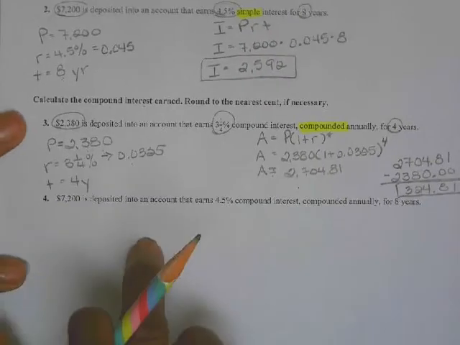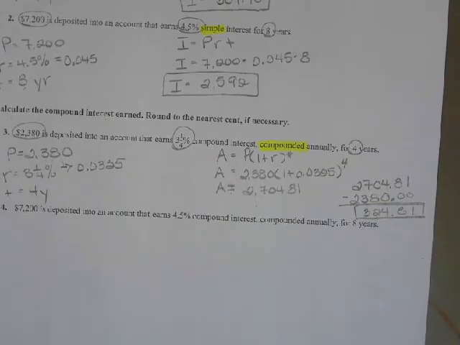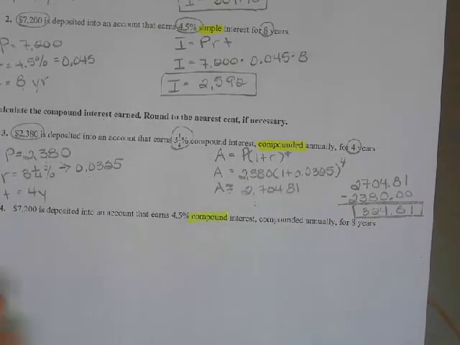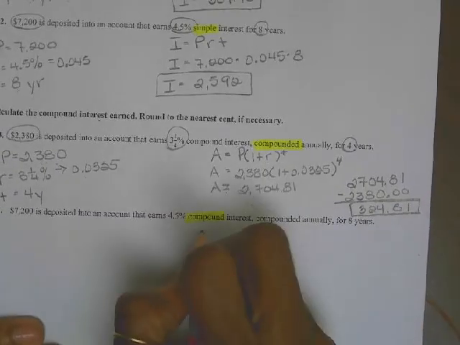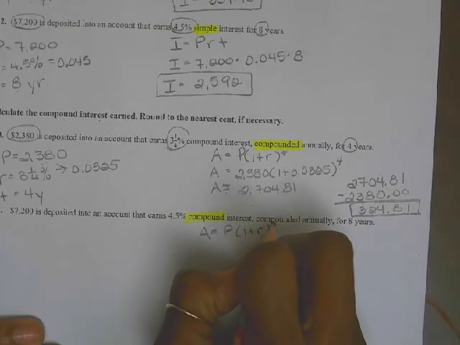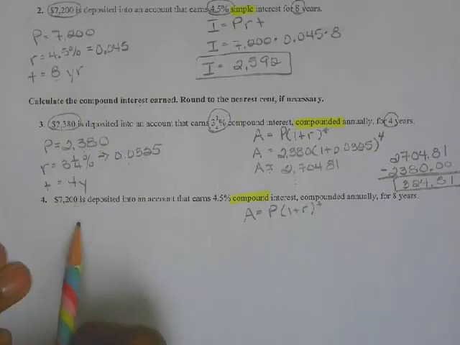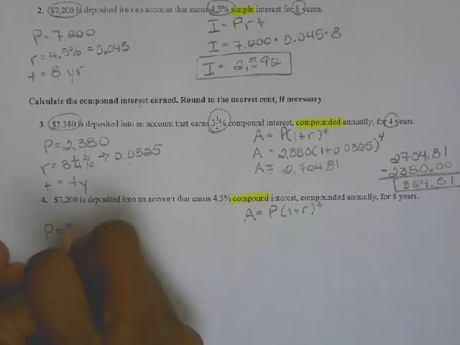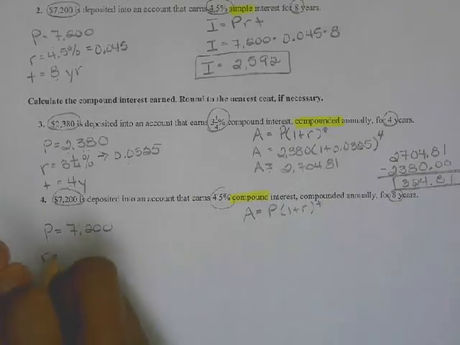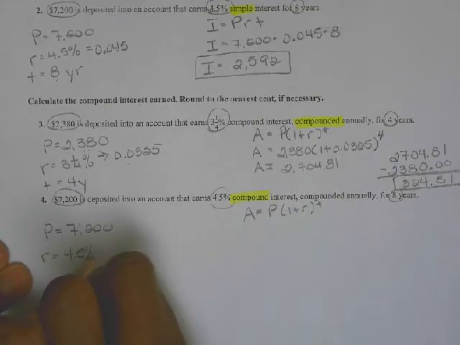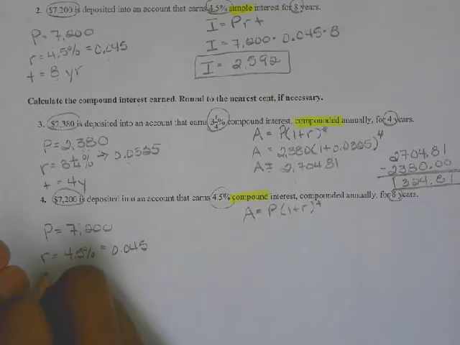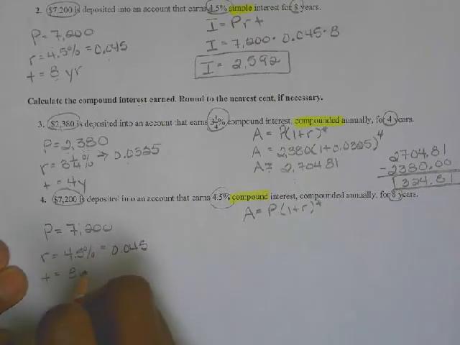All right, same ones for this one. So I'm looking at it again, highlight what kind of interest they're asking you for. We have our A equals P times 1 plus R to the T. This is the same as that one, so we know what our P is. We know our R, it was 4.5%, which changed to 0.045, and our T was 8 years.